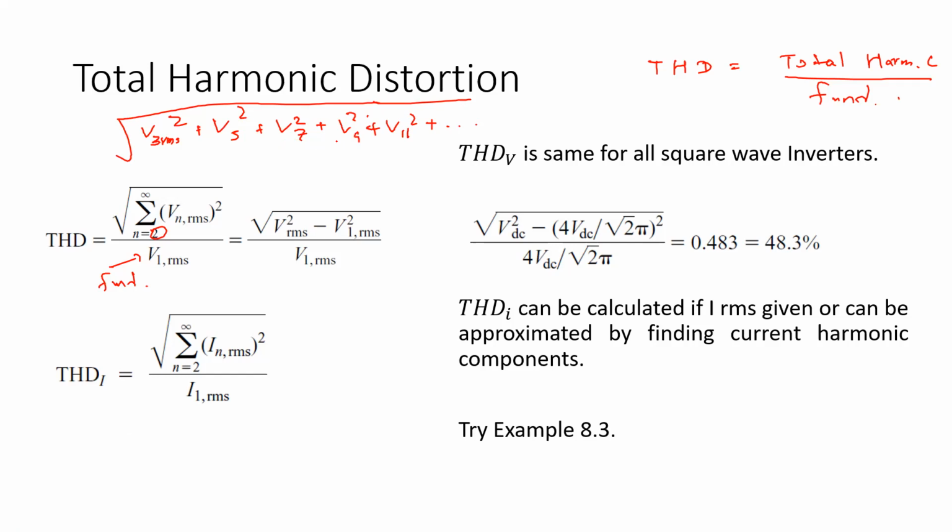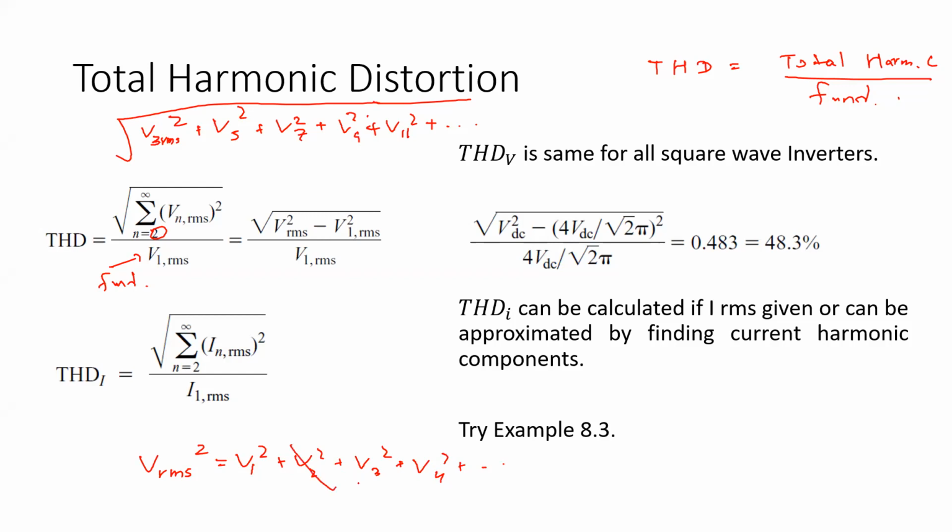But if you observe this correctly, you know what VRMS is, right? VRMS square will be given by V1 square, V2 square, V3 square, V4 square, likewise.